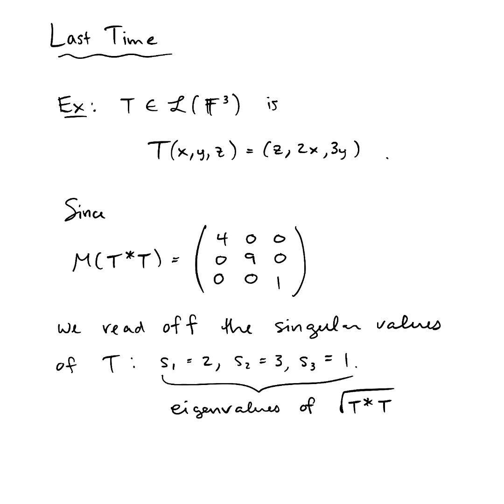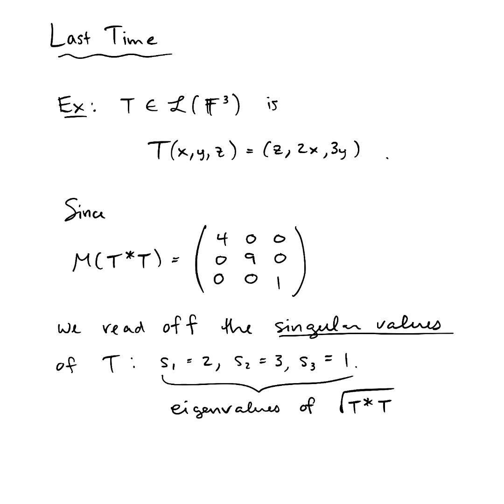Okay, so we have these things called singular values. Now, these are eigenvalues of root T star T, not of T itself. In fact, this T only has one eigenvalue with a one-dimensional eigenspace.